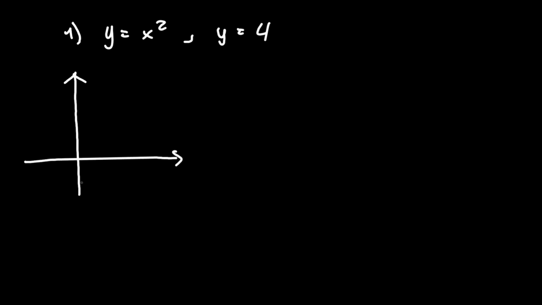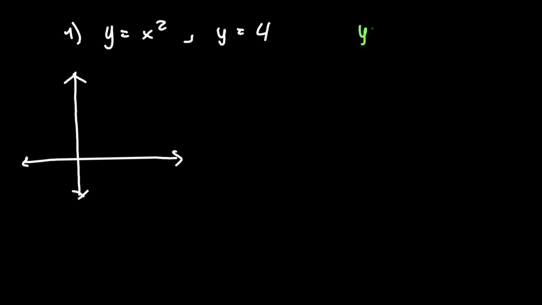Suppose you are given these two curves or one line, y equals x squared and y equals 4. How to find the area of this? First of all, we will need to graph it. And so, firstly, how can we graph this? We can first use the table method for this one.